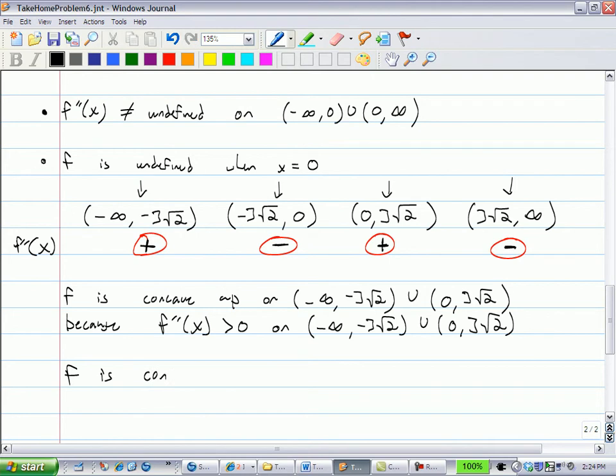So while I write this, if you guys could be thinking about inflection points. Negative 3 root 2 to 0, union 3 root 2 to infinity, because F double prime of x is less than 0.